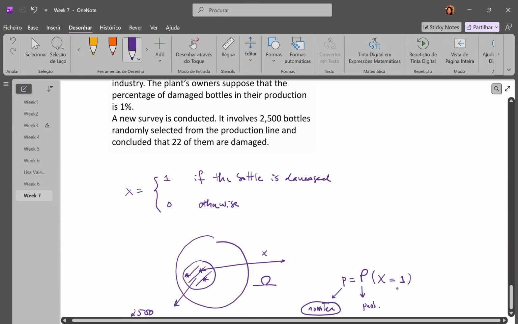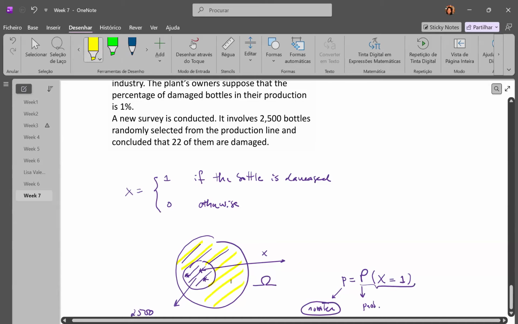My question for you is, does this probability need to be assessed in the entire universe here, or just with regards to the sample? I think on the sample.